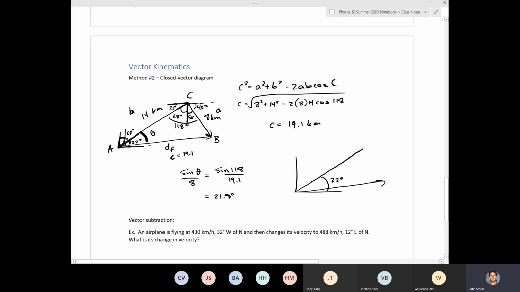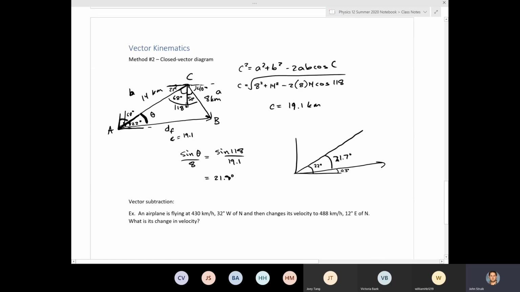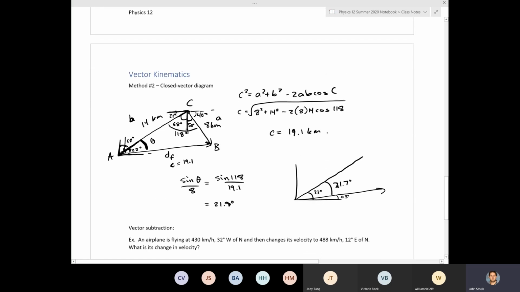This angle, which is what we just found, the interior angle of our non-right triangle, is 21.7 degrees, which means that this piece right here is 0.3 degrees, which matches what we had up here. So you would put that in and say, okay, this is 0.3 degrees north of east, or you can just call it east if you want.